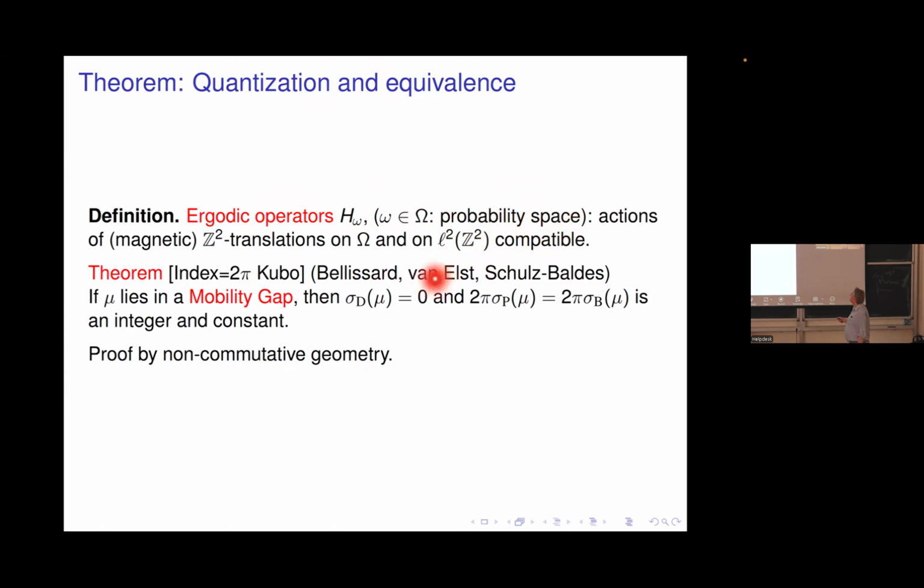In any event, if you do accept this, and particularly if you allow for a mobility gap, then the longitudinal conductivity is 0 for mu lying in the mobility gap, as the physical law predicts. And moreover, and more importantly, the definition I gave before with the pair of projections, the one suggested by the Laughlin pump, takes the very same value as the one suggested by the Kubo formula.